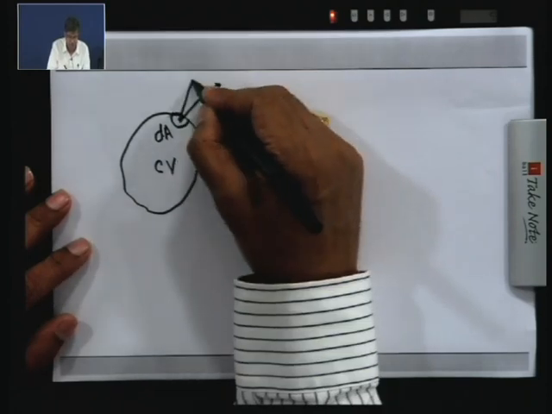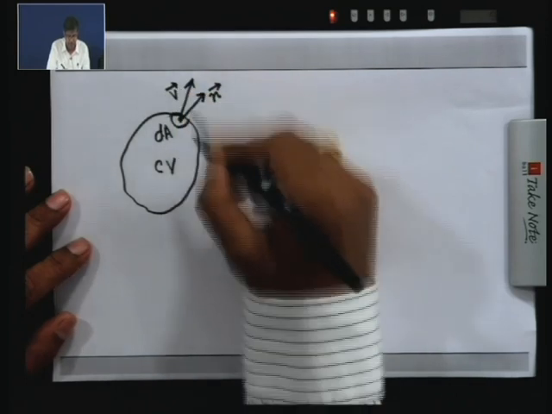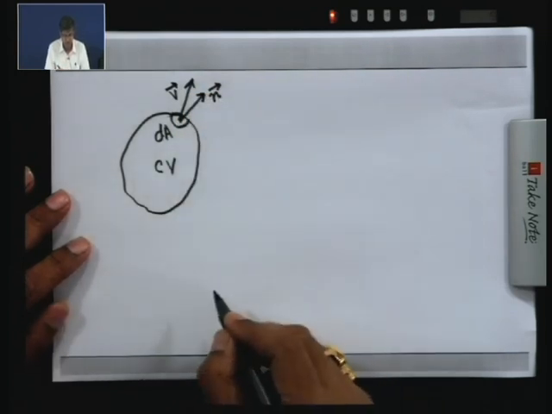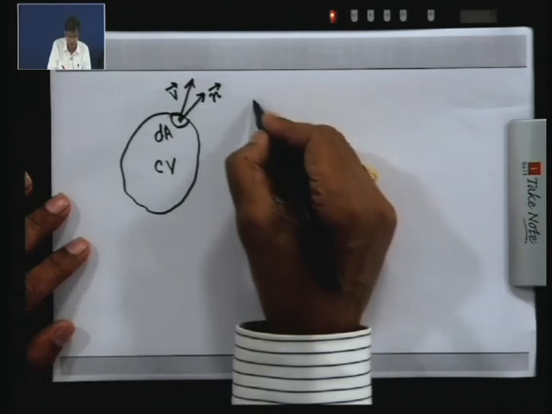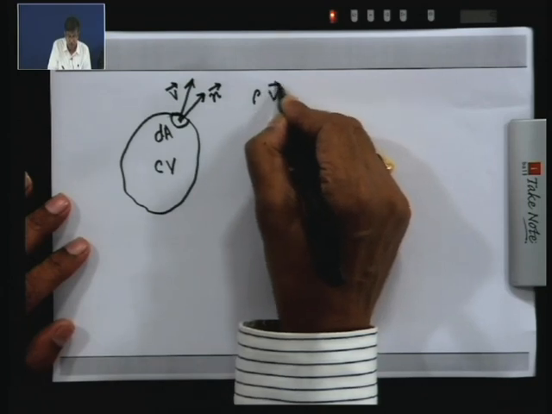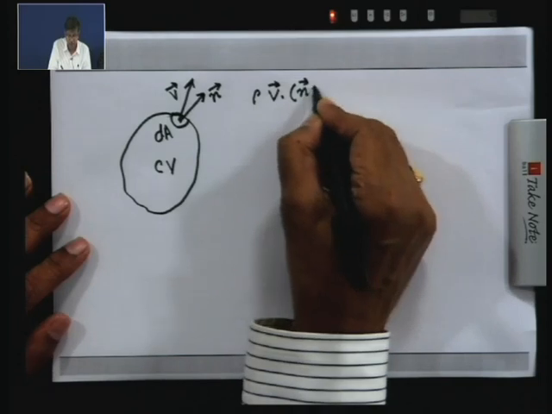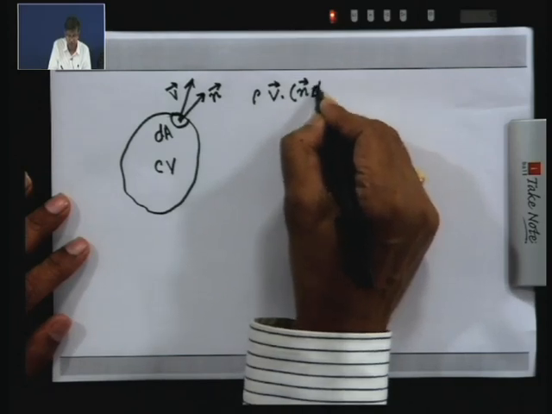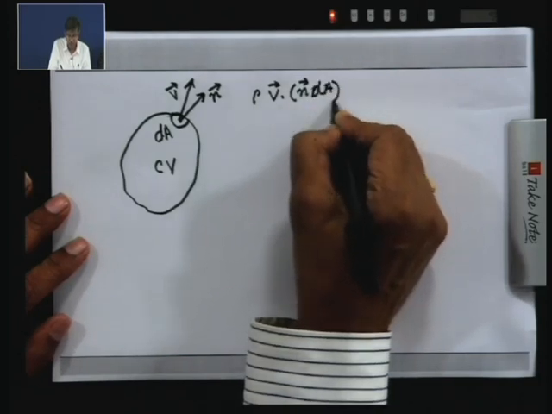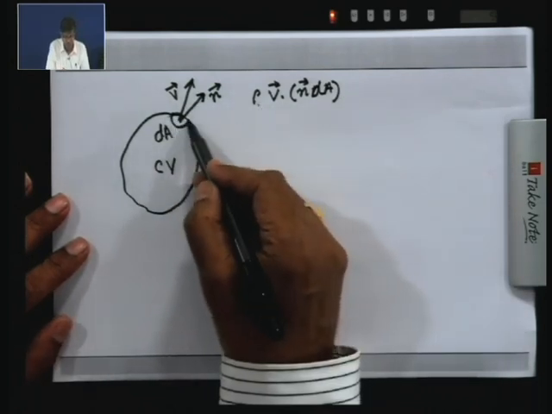Let this be the velocity vector in general, which may not be along the normal to the area. You already know, after so many lectures, that rho V dot dA, if density is defined as rho, represents the mass flux across this surface.